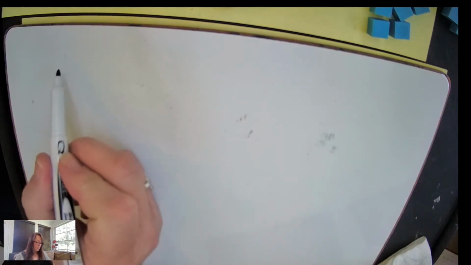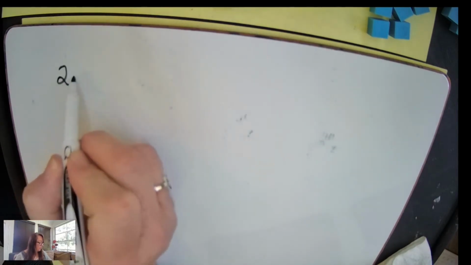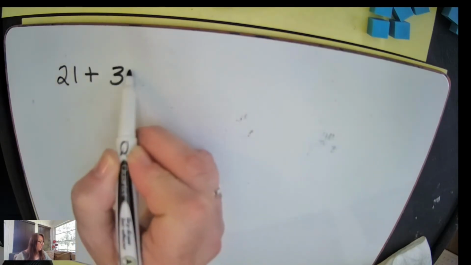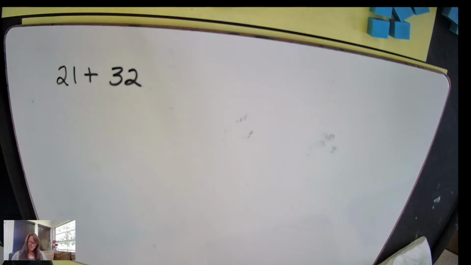The next problem is 21 plus 32. Have you thought of an answer? All right. Madison, can you tell us what you think the answer is to 21 plus 32?